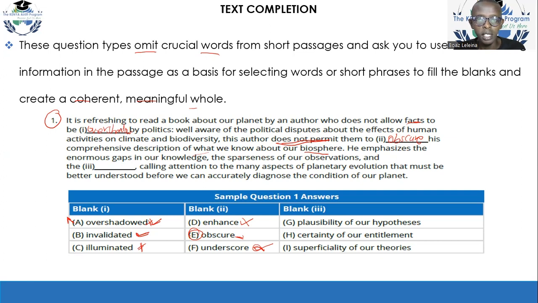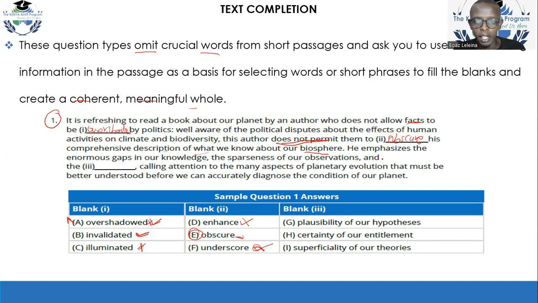So he's sticking to the facts that he has. So it's refreshing to read a book about our planet by an author who does not allow facts to be overshadowed by politics. Well aware of the political disputes about the effects of human activities on climate and biodiversity, this author does not permit them to obscure his comprehensive description of what we know about our biosphere.